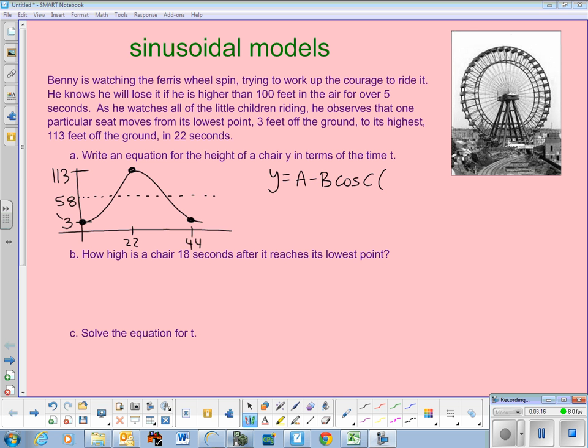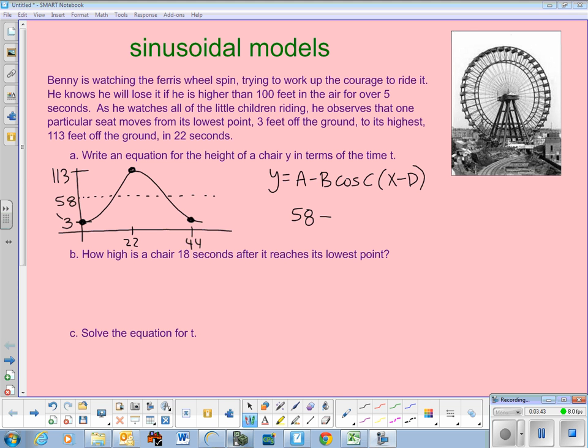I'm going to do this one in radians. So I'm going to go x minus d. The fact that I start with a negative cosine lets me not have any left or right shift, which means my d value is going to be 0. So from this picture, we need to come up with the equation. This is something you've done. A, remember, is our sinusoidal axis, so that's got to be 58.